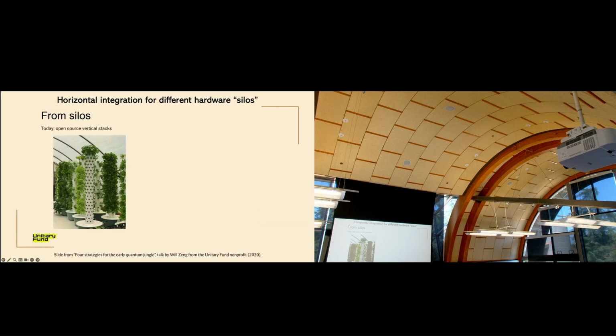We have even more hardware platforms to deal with than before, so how do you compile to all the different ones? Interestingly, these are different silos, an analogy brought by the Unitary Fund nonprofit, which advocates for open source in quantum computing and quantum information. They said this is like silos because each hardware has its own quantum computing stack thinly sitting on top of it.